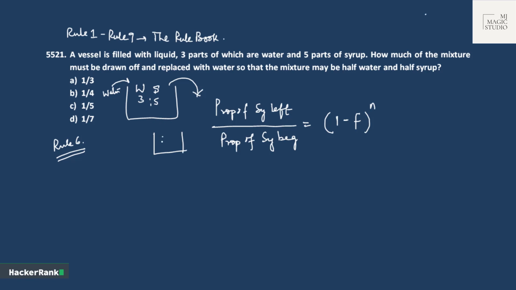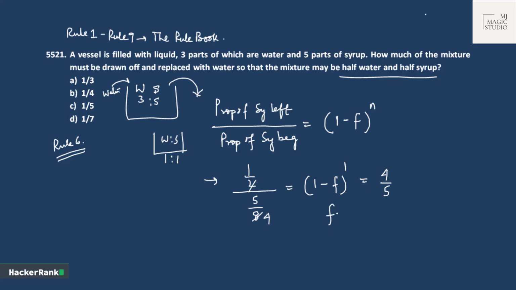Now in the new jar, the ratio of water and syrup is 1:1. It becomes half water and half syrup. That means the proportion of syrup left is half. Proportion of syrup in the beginning is 5/8. This equals (1 minus f) to the power 1, because this process is done only once. So 1 minus f equals 4/5. f is 1 minus 4/5, that is 1/5.